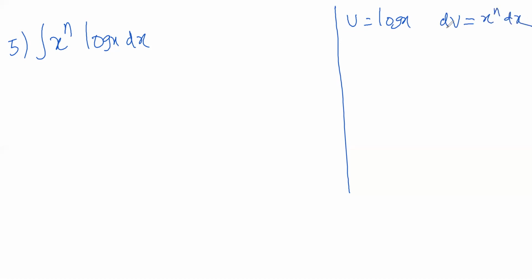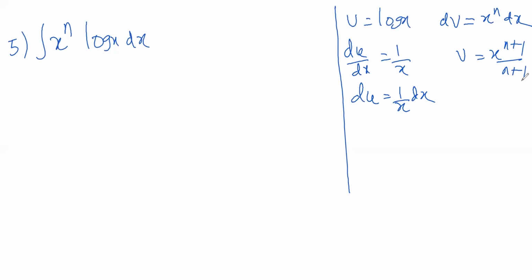Here we are using integration by parts as u is not in the form of x power n. So taking du by dx is equal to 1 by x, so du is equal to 1 by x into dx. And v is equal to x power n plus 1 by n plus 1. So the formula: integral u dv is equal to uv minus integral v du.